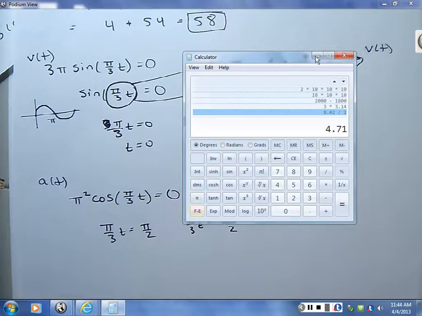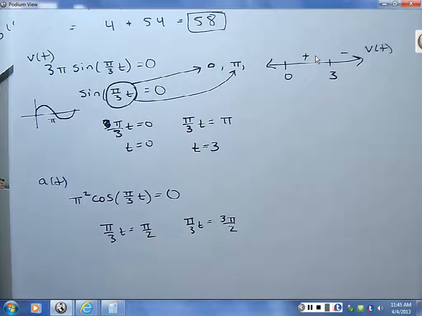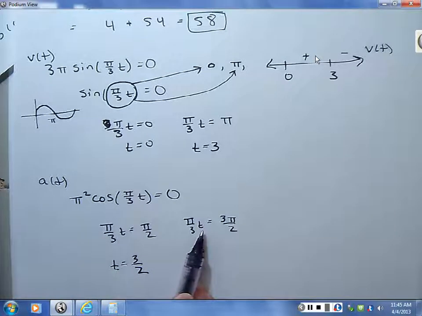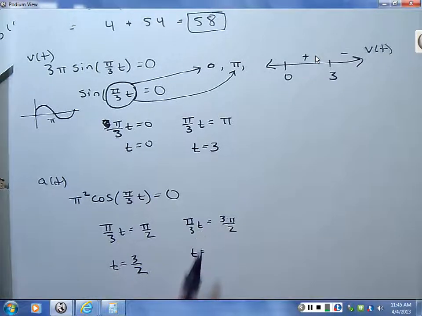4.7. So that's in our interval, so we need to count that one as well. Here t would equal 3 over 2. Oh wait, no. This would be 3 over 2, and this would be 9 over 2.